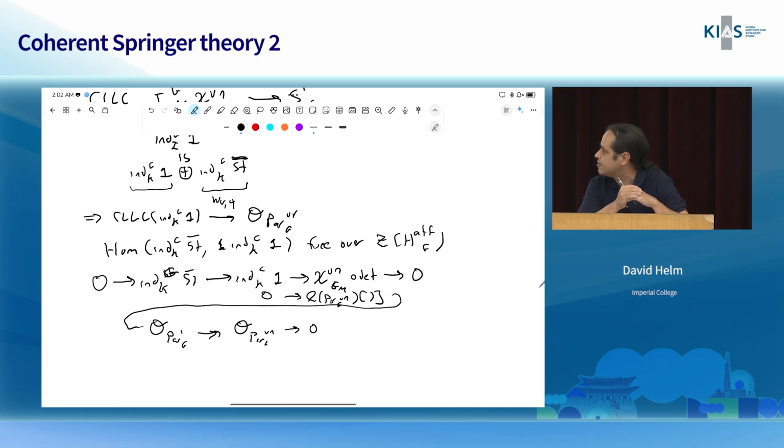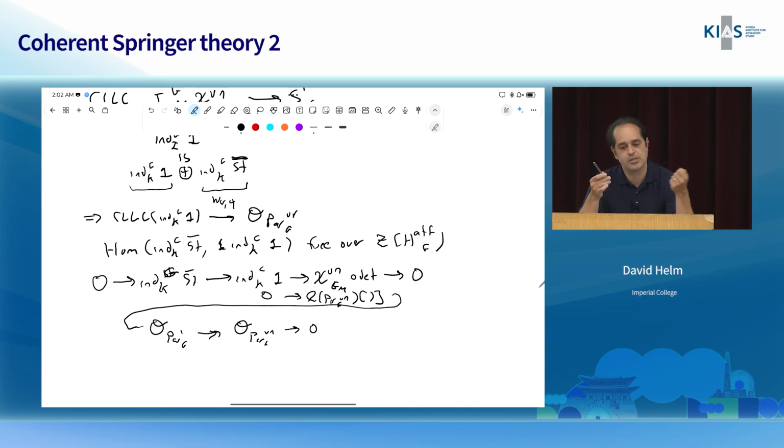It seems like the more degenerate a representation you put into the categorical Langlands correspondence, the more negative its cohomological degree gets. And I don't think anybody has managed to systematize that or articulate a precise statement along these lines. But as a rule of thumb, it works very well.